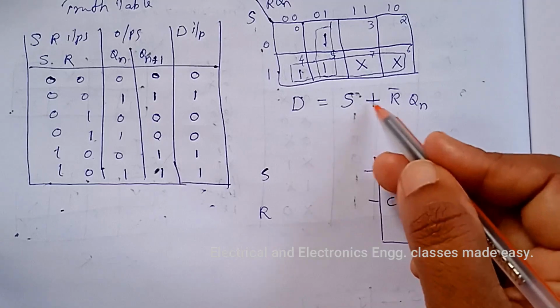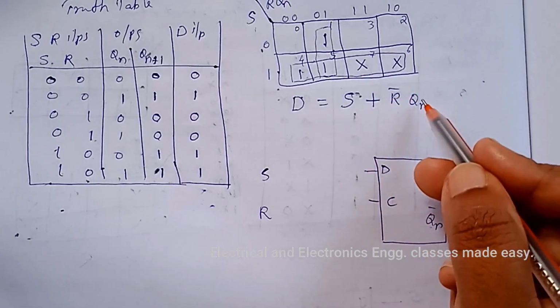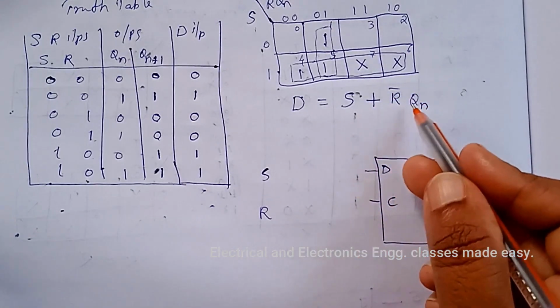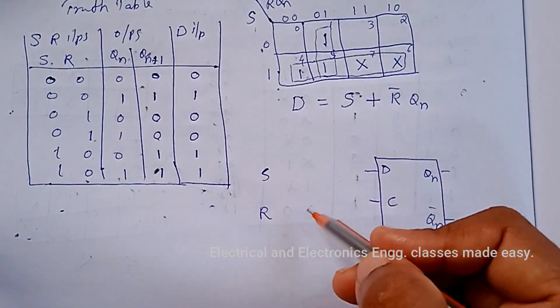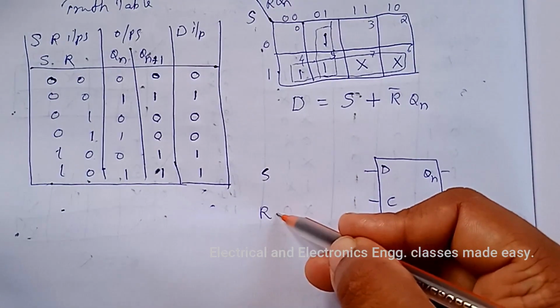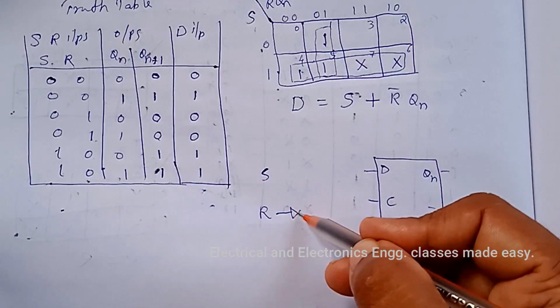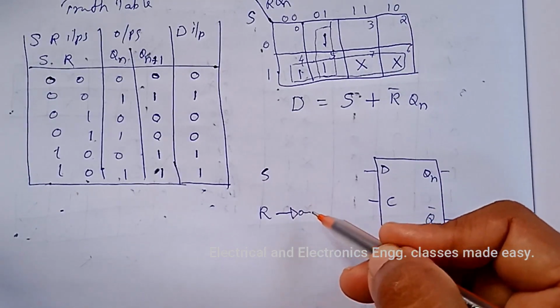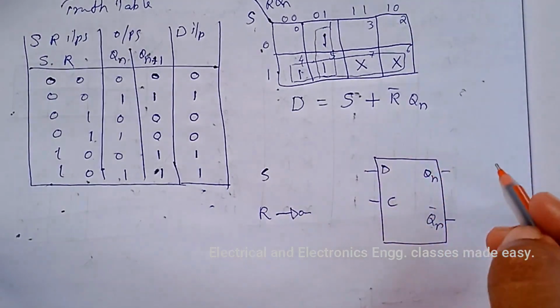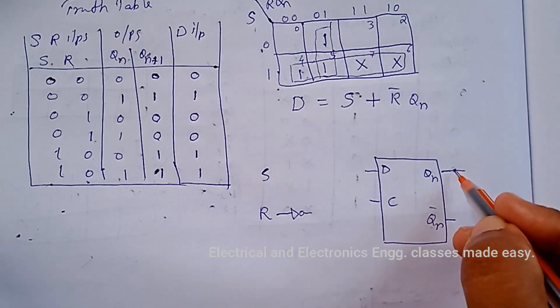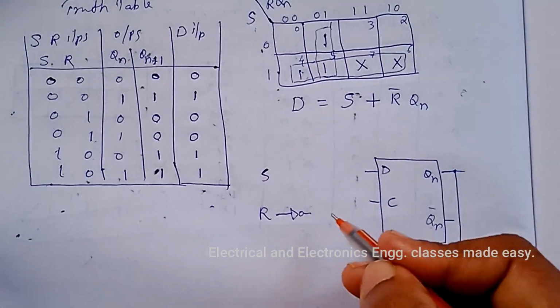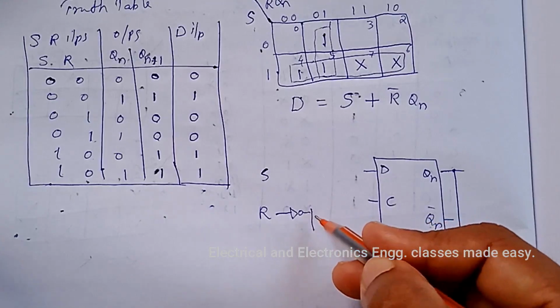So there is an OR gate and AND gate. R bar Qn, that is R bar NOT gate, then into Qn. Qn is this one. So an AND gate here.